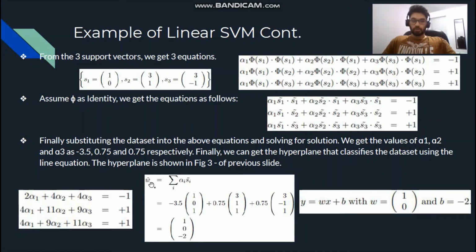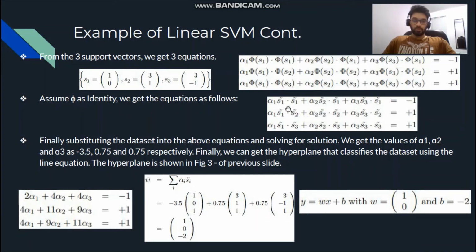So for the weights, we can simply write the equation as the summation of all the alpha parameters and the support vectors themselves, which is given by 1, 0 for the first support vector, 3, 1 for the second, 3, -1 for the third. The 1 here represents the bias, which is equal to 1.